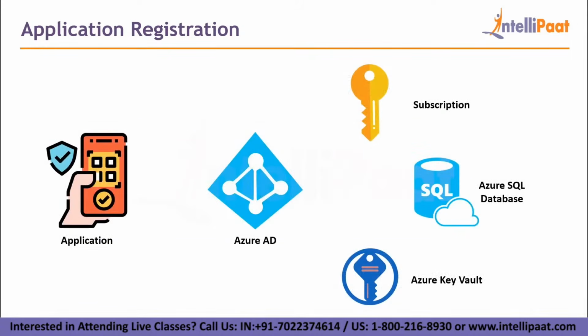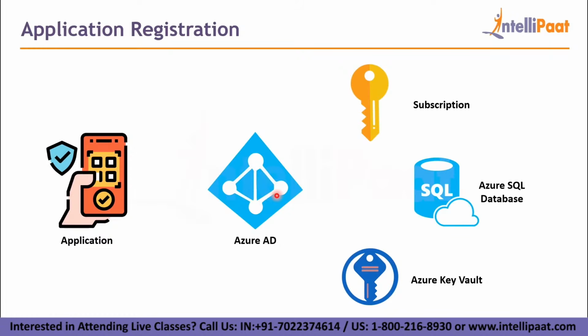So now let me explain it to you with this example. Let's say you have an application and you want to get information from Azure SQL database, because Azure SQL database is the one connected to your application. To do that, you can do it in the first way, which is embedding the database's credentials in the application, which will fetch the details and give them back to the application.